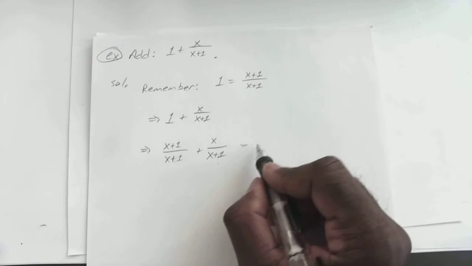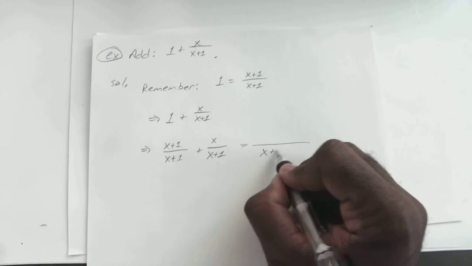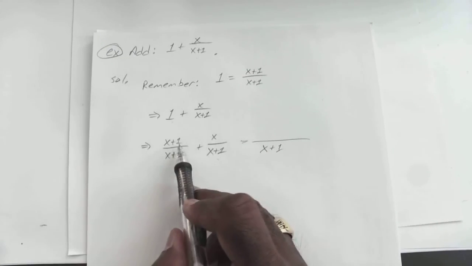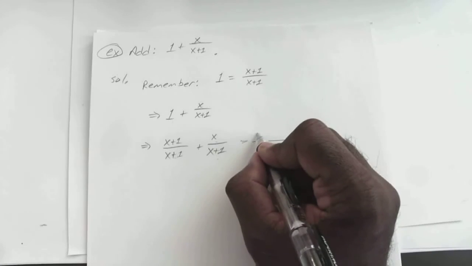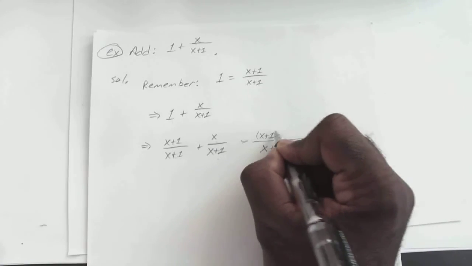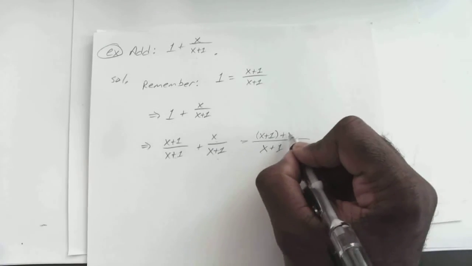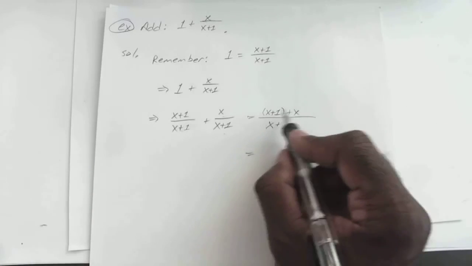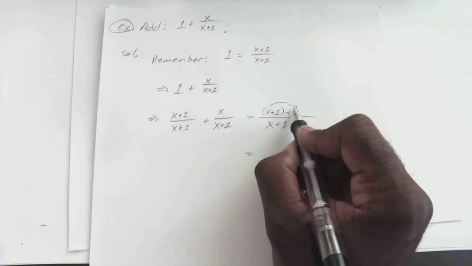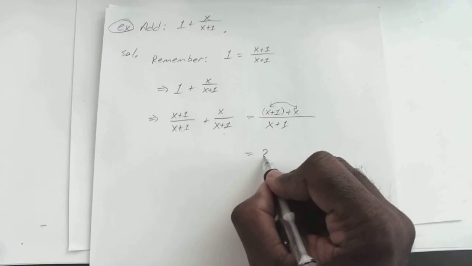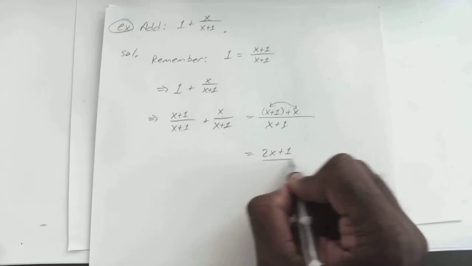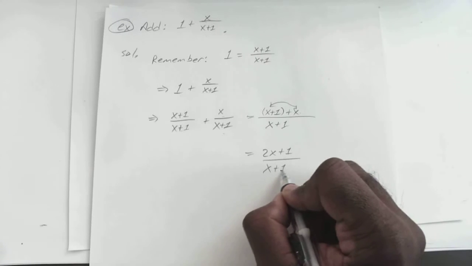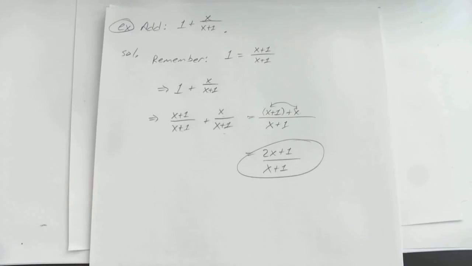Which means x plus 1 is your denominator, so your answer is going to be something over x plus 1, and you just add your numerators. So you have x plus 1 plus x over x plus 1, which once you combine those two terms, you have 2x plus 1 over x plus 1 as your final answer.